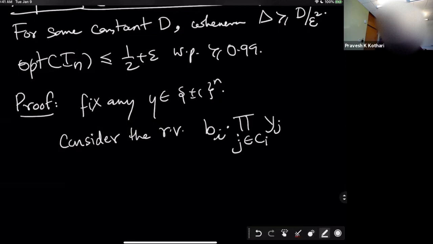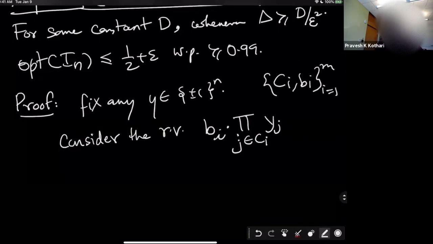My constraints are c_i, b_i. Now I took the ith constraint, and the only randomness here is due to b_i. Once I look at the constraint, the only randomness in this polynomial is due to b_i because y is fixed. So this is a random variable.